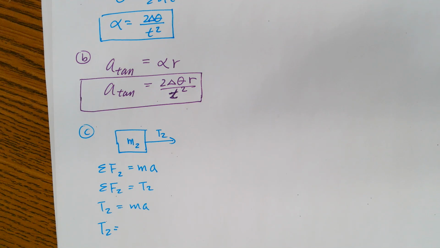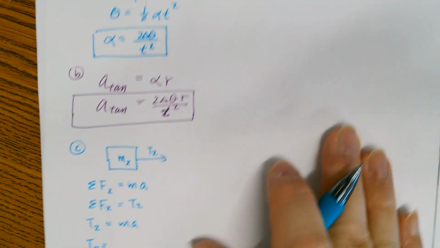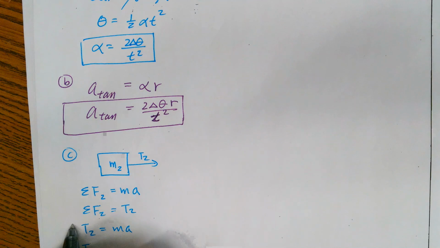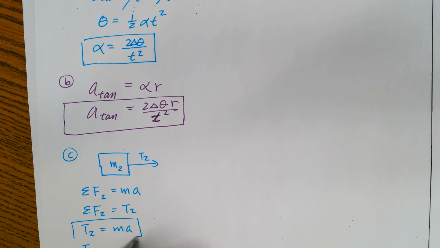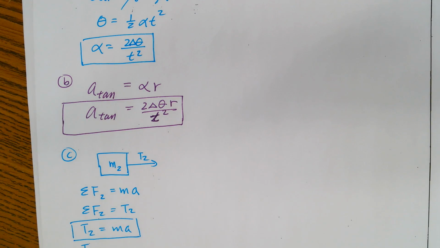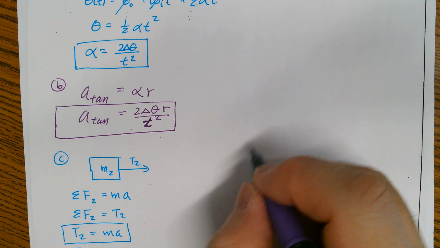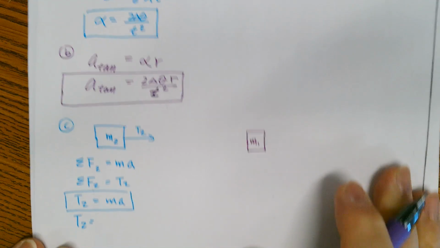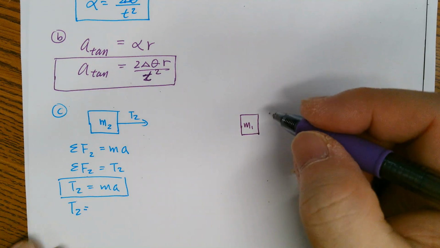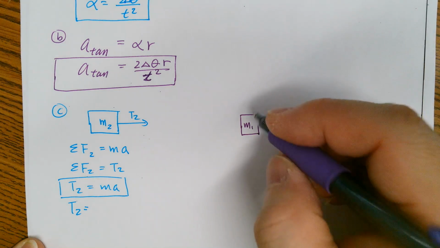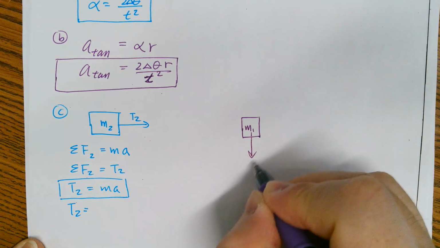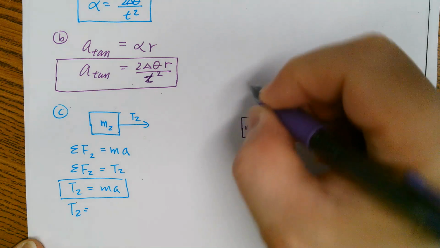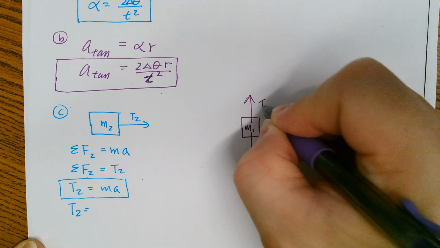It's going to get a little bit more involved, and we'll leave it at that for now. Then if we take a look at M1, here I have M1G and I have T1.